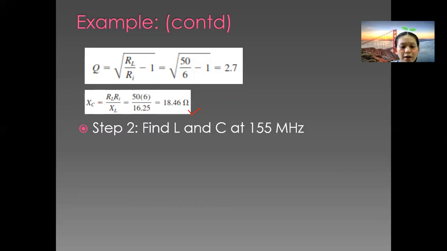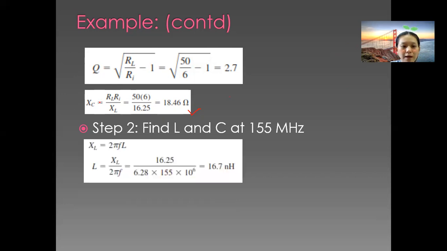So now we get the values of XC and XL, our capacitive and inductive reactance. So we can find our inductor value and capacitor value at the frequency of 155 megahertz. We use XL equals 2 pi F L, so we rearrange the formula.